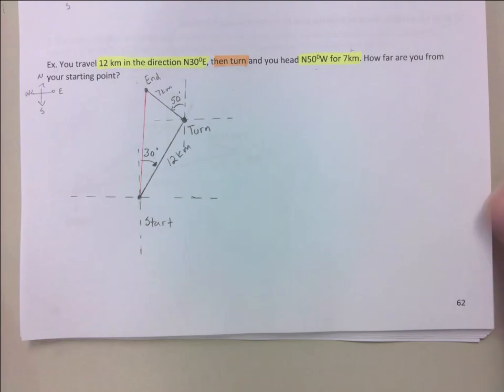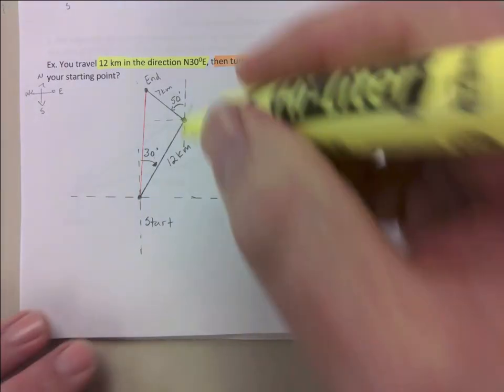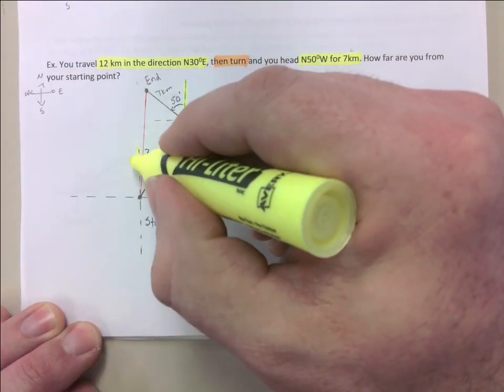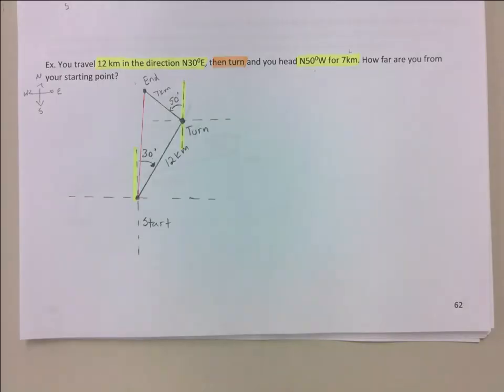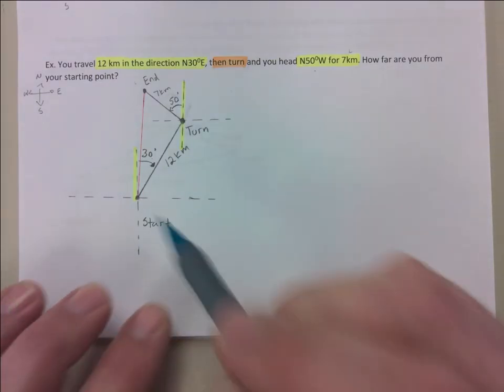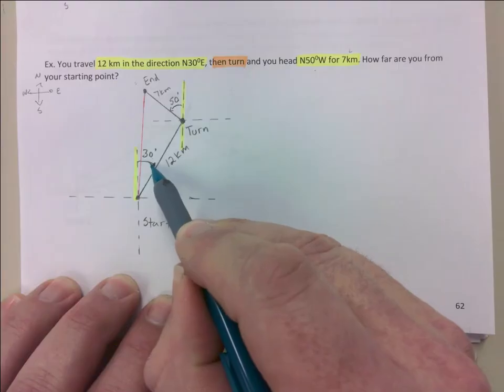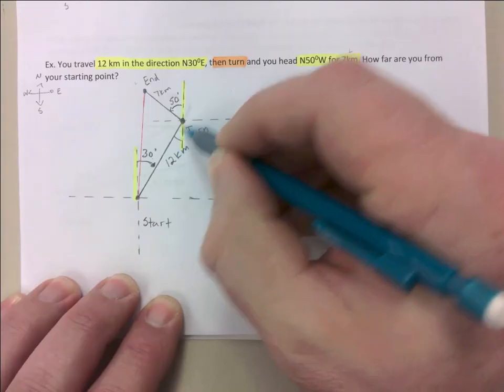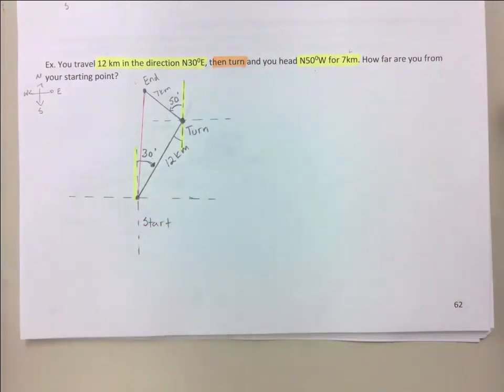What can I do here, guys? What do I know about this line? Sorry about that. If this is 30, what do you think this is? What are those highlighted lines again?